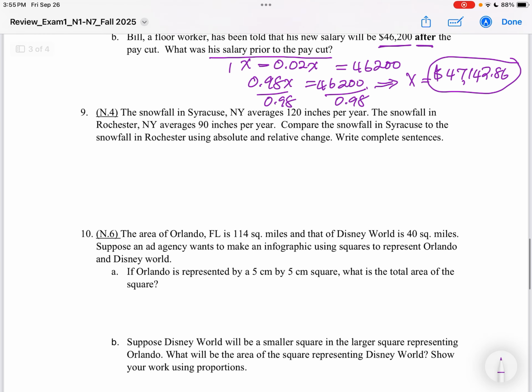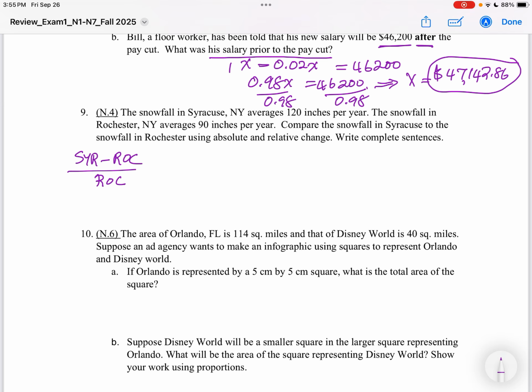All right. This next question is from N4. It's asking for absolute and relative change. There's two ways of doing it. It's saying compare the snowfall in Syracuse to the snowfall in Rochester. So it looks like it's wanting Syracuse minus Rochester divided by Rochester. But if you flipped it, you could do Rochester minus Syracuse divided by Syracuse.